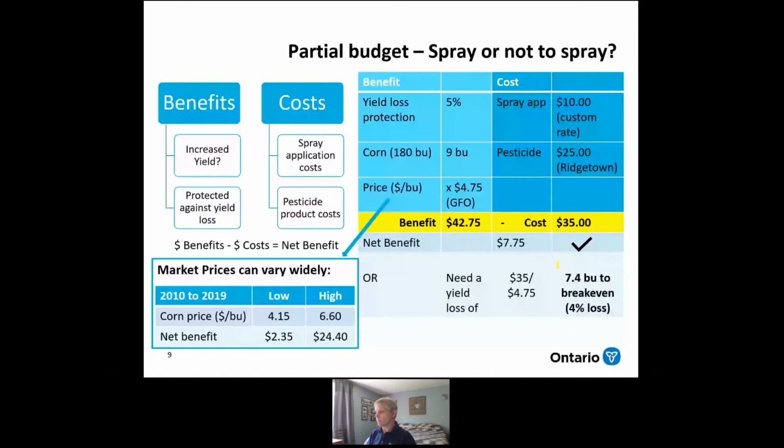It's a key assumption in there, the price they're going to receive, in trying to determine what some of those yield thresholds are. So that's just one example of how to use the partial budget, and it's fairly simple again, but it is fairly effective.